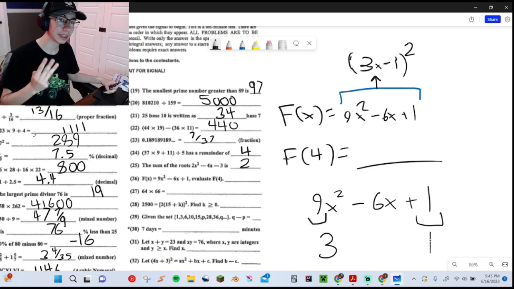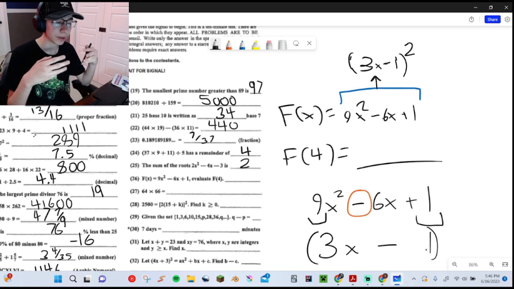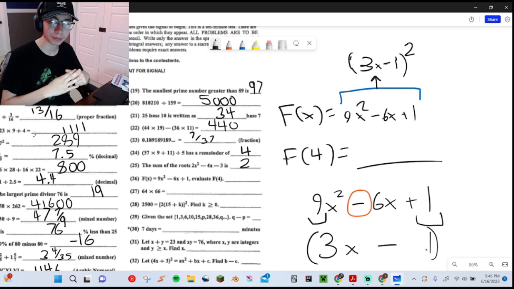And the third thing I look for is what is the sign here in front of the b term. If it's positive, then I know that my binomial is going to be 3x plus 1. If it's negative, such as in this case, it's going to be 3x minus 1. This is how I can construct and figure out what binomial squared gave me this trinomial.